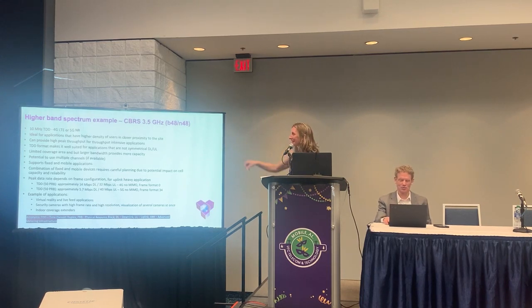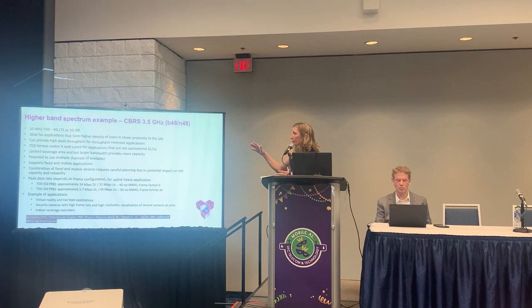CBRS 3.5 gigahertz. Now, you could have more than 10, but 10 is guaranteed that you're going to get at least that if you get one CBRS channel. 10 megahertz TDD, okay? So if you have a higher density of users and they're close to your site, it's an ideal band for that because you're trying to get capacity.